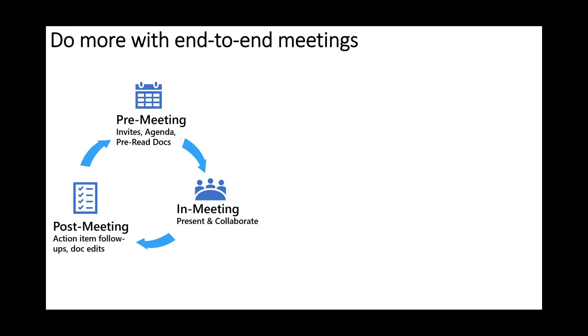So there are 3 different stages of a meeting, and we're going to talk about how Microsoft Teams can help with each of these stages. So first, we have our pre-meeting. That's the invites are going out, we're creating the agenda, we're posting the pre-meeting documents that are going to be shared. And then we have in-meeting. This is while the meeting is going on, and we are presenting, we are collaborating, we are talking amongst ourselves, we are chatting.